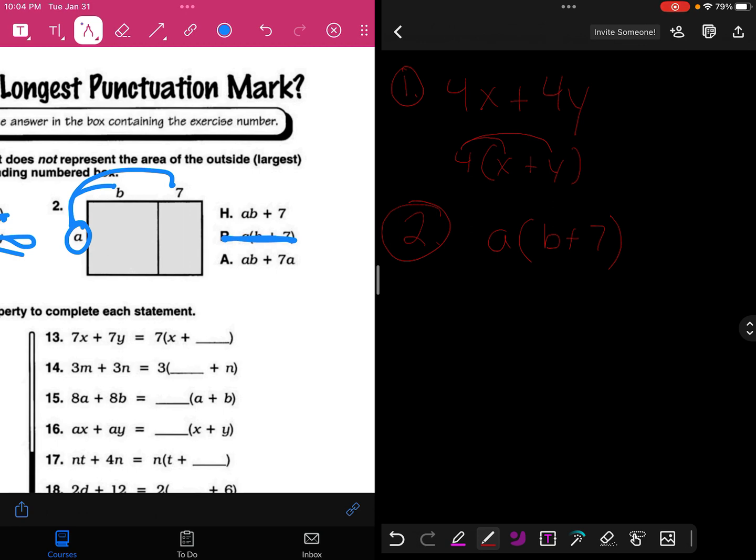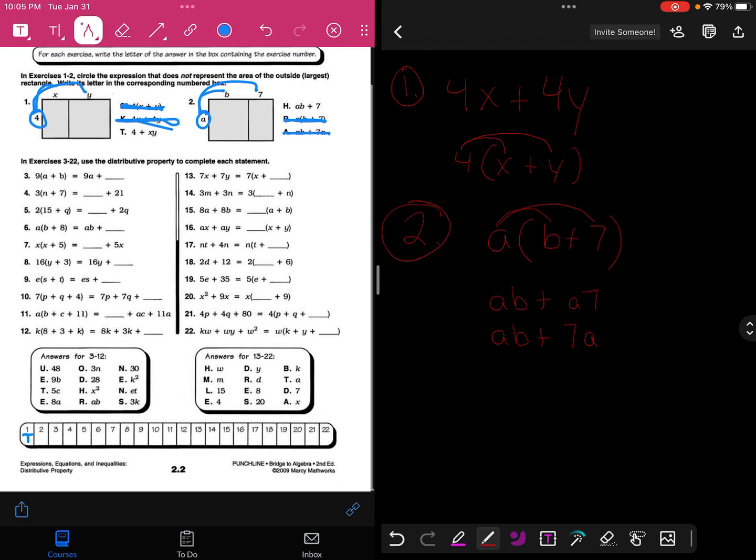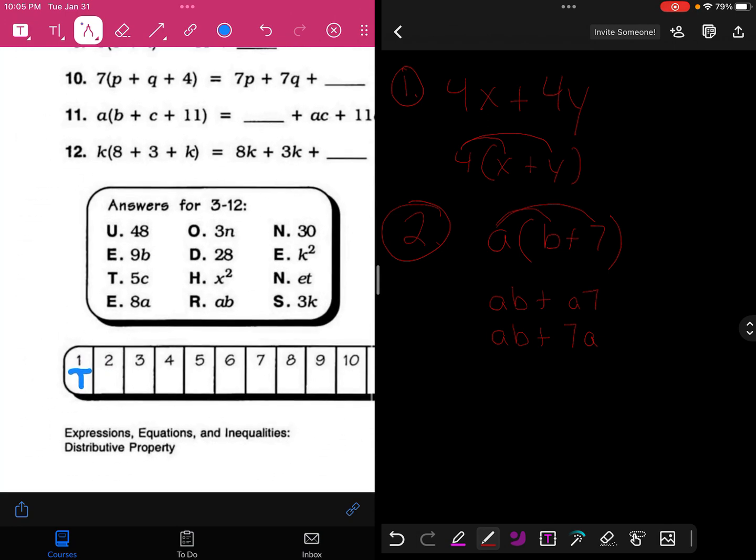And then we have A go to the B, so that would be AB plus we have A going to the 7. But remember we talked about in algebra, when a number and a letter are together, the number comes first because that's the coefficient. So that would match this one. So H would be the one that would not work. So we're going to put H in box 2.